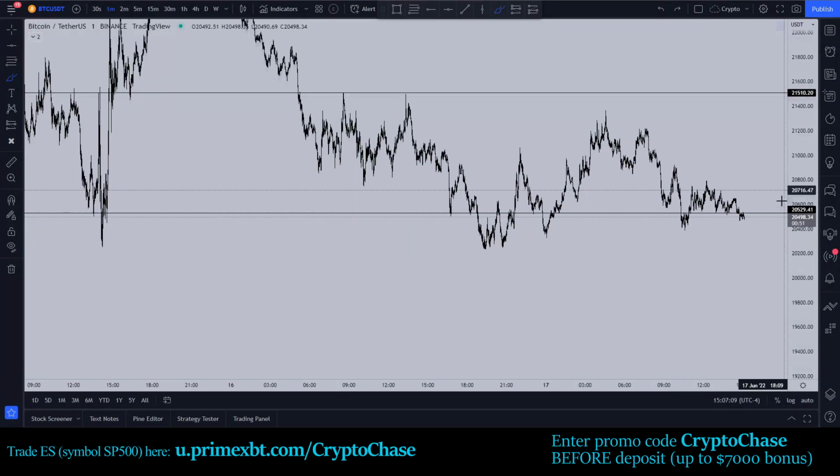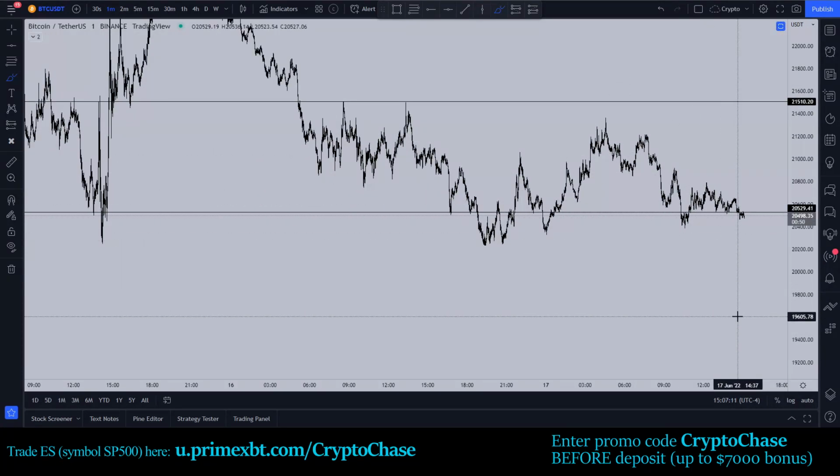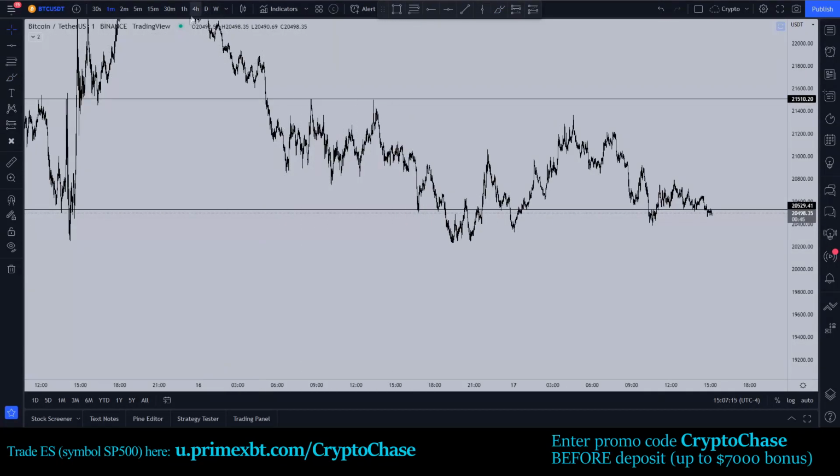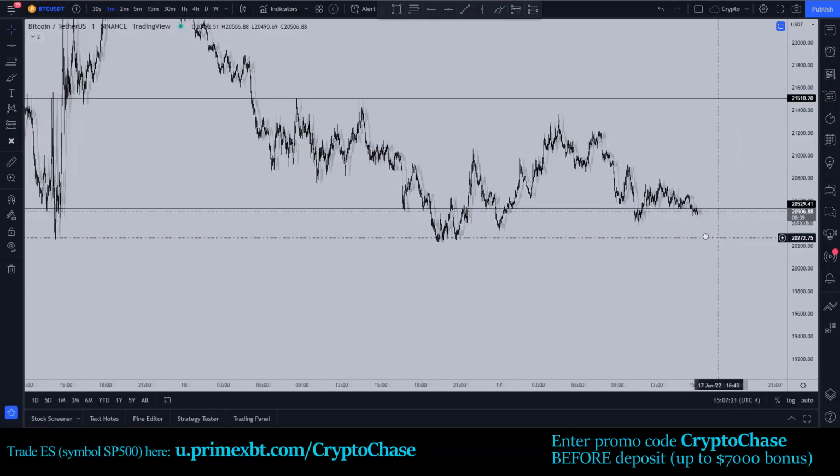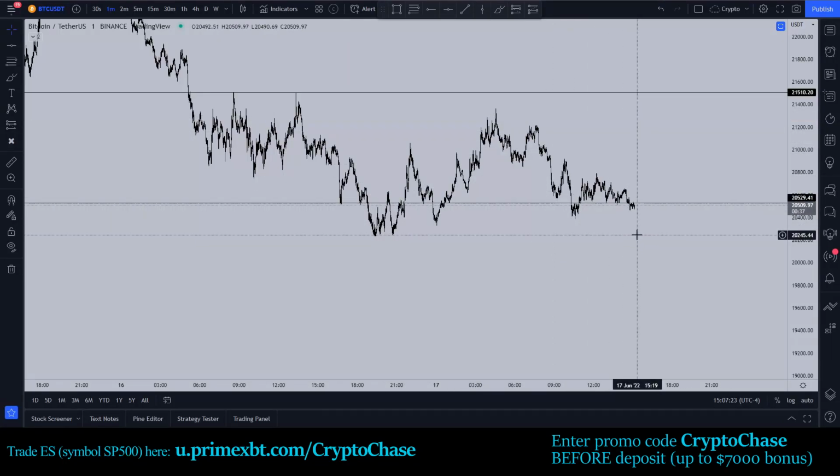Otherwise, I don't want to short into 20K, and I also don't want to long an asset that literally just hovers on support in a completely anemic environment. It feels like an anemic environment, right? FOMC came to a close.